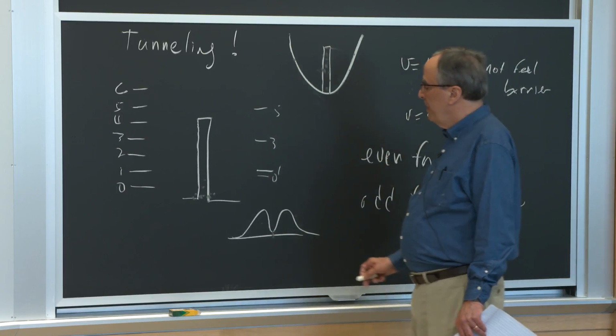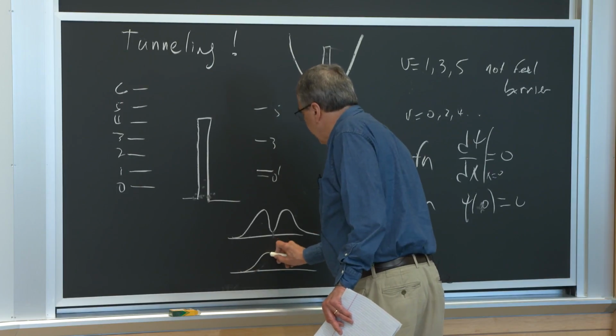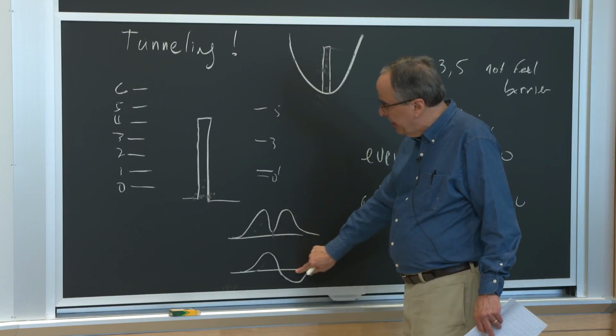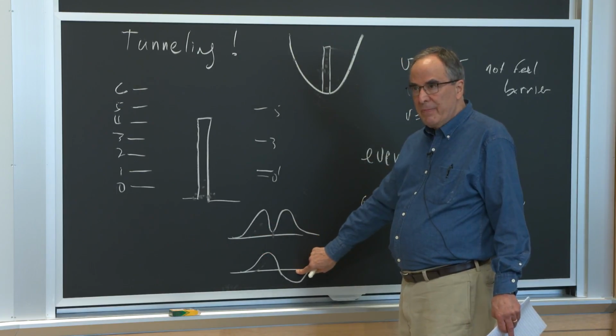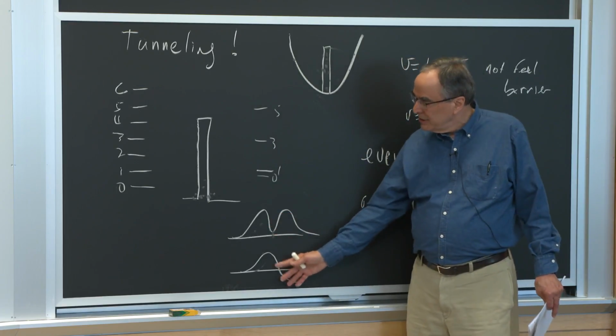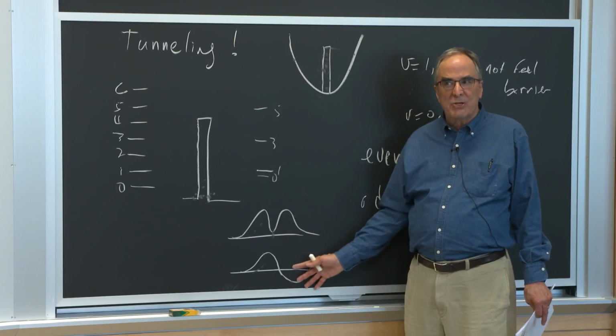And how does this compare to the wave function for v equals 1? Well, the wave function for v equals 1 looks like this. The amplitude in this lobe and the amplitude in that lobe are the same, but the sign is reversed. And so basically, this picture tells you that these 2 levels have almost exactly the same energy.